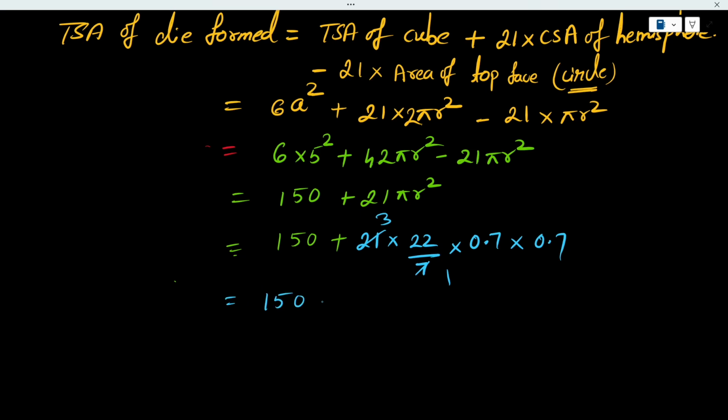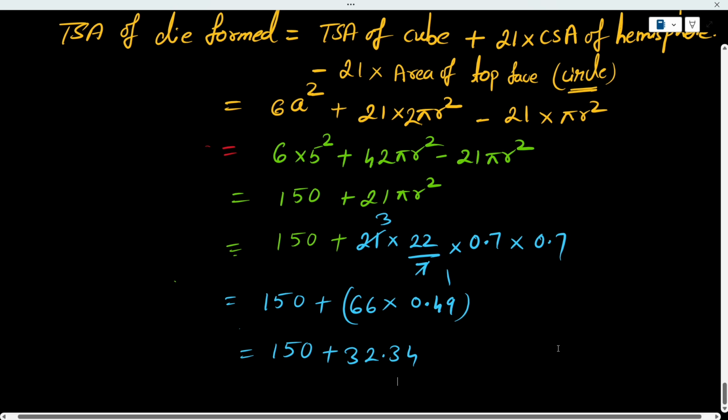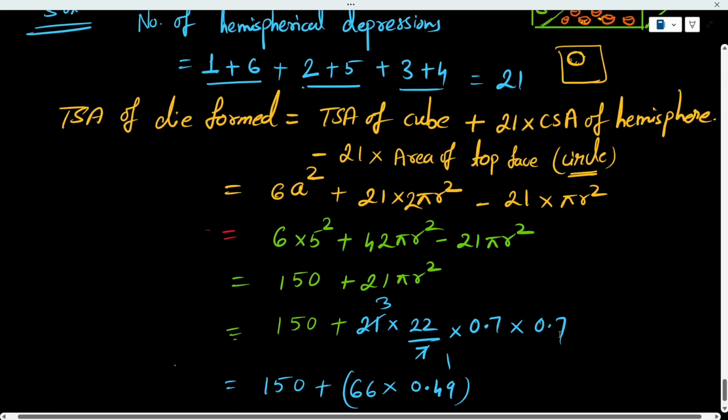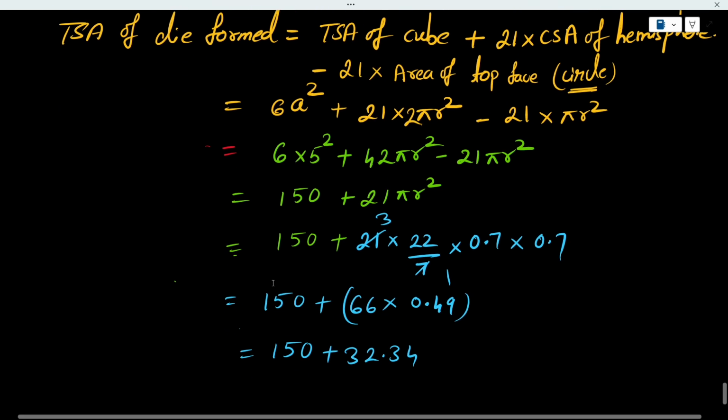The main thing in surface area and volume is just the calculation part, right? So this one, 66 into 0.49, right? If you do the multiplication here, it is 150 plus 30. The kids take time because of the calculation part only. So make sure you are doing the proper calculation, and first you arrange everything in terms of formula, then substitute the values, right?